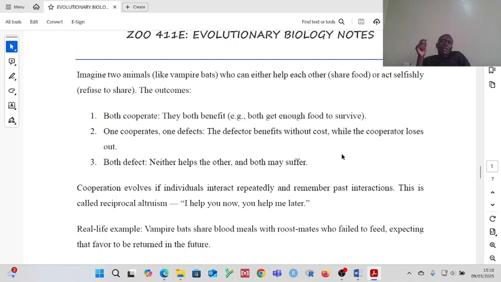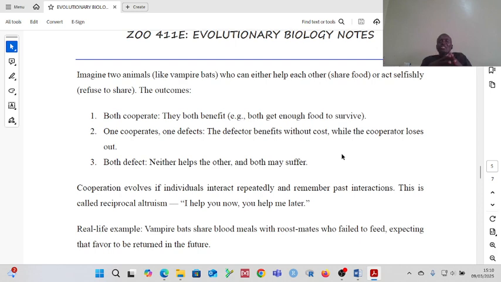Okay, but if one cooperates and one defects, so the defector benefits without cost, while the cooperator loses out. Okay? So only one is cooperating, but the other one is not. Okay?